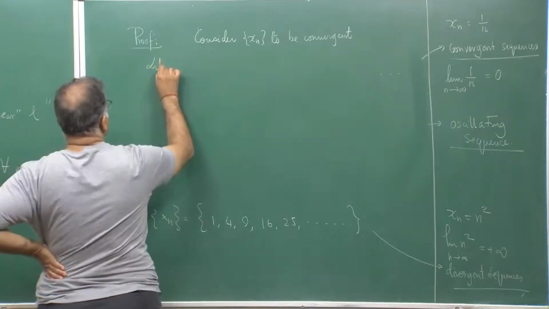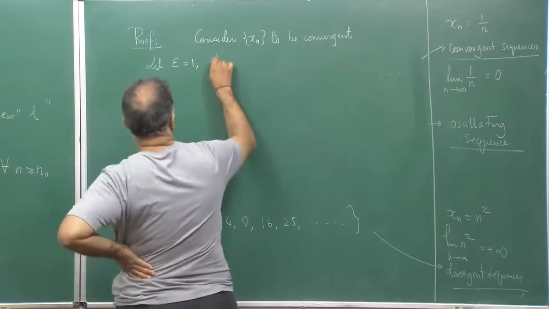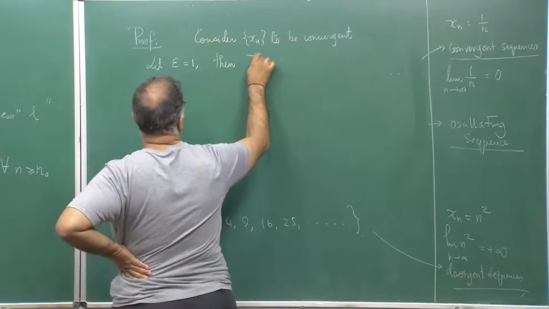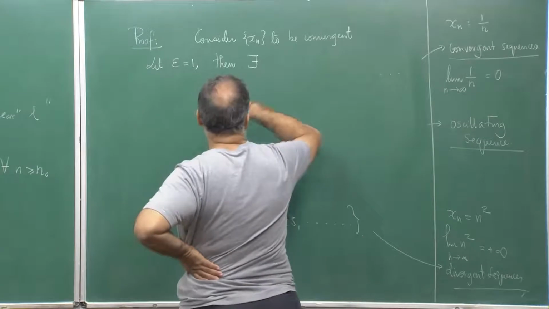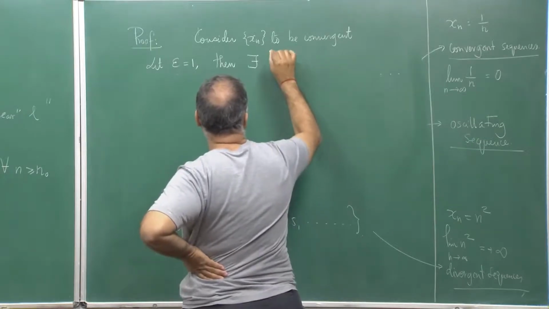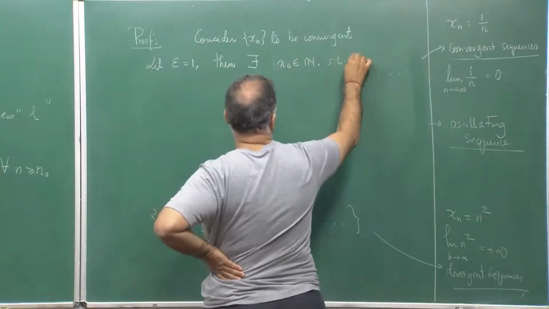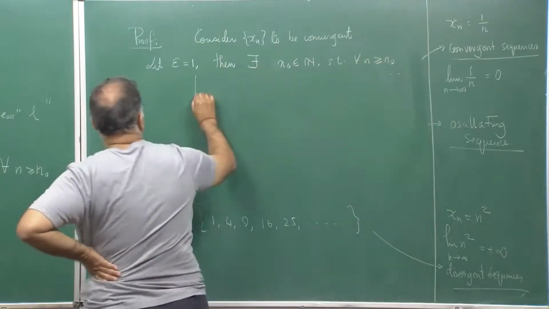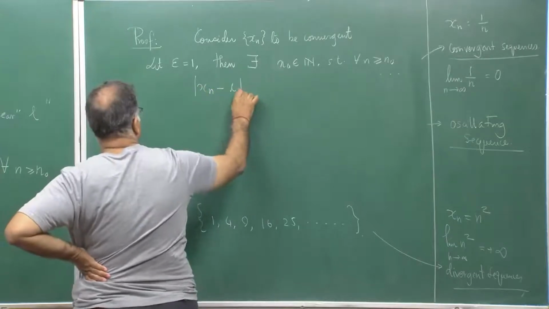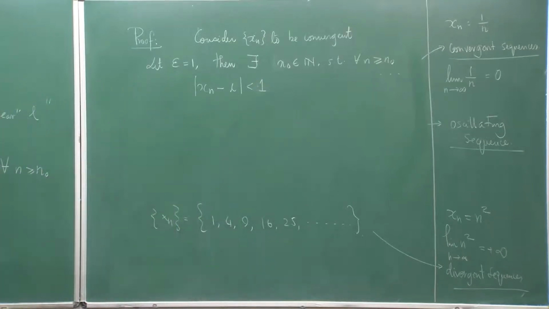Let epsilon be equal to 1, then there exists n naught element of N such that for all n bigger than this n naught, mod xn minus L is less than epsilon, less than 1. Okay. This is all right.